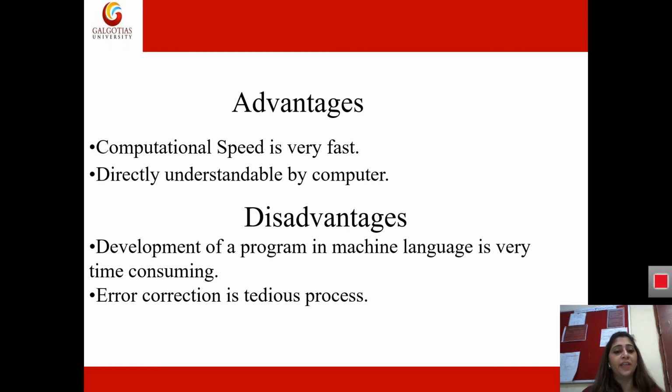It is very difficult to find an error, and most importantly, it is very difficult to even program something in machine language because it is not human understandable. So it is very difficult to develop a program in machine language, and that takes too much time. Execution is faster, but making the program is very tedious and time consuming.